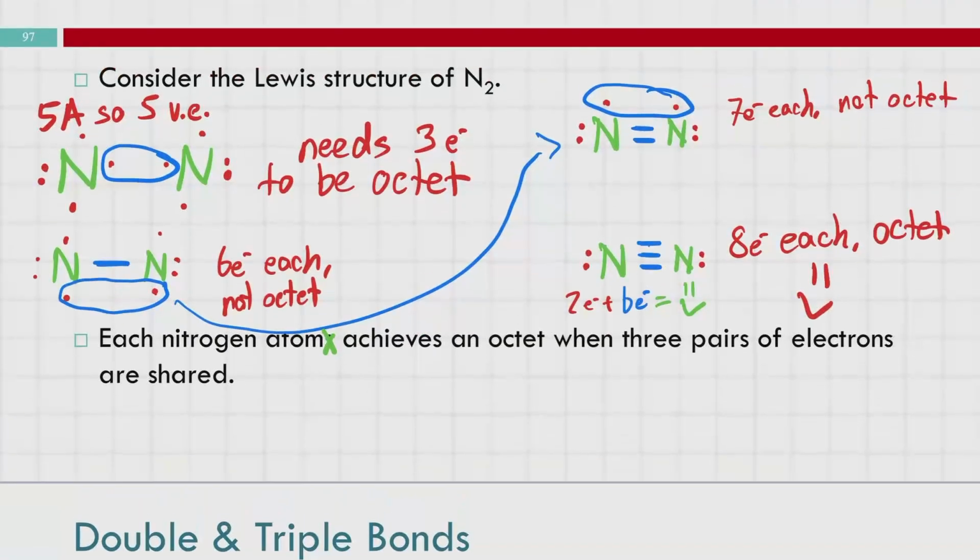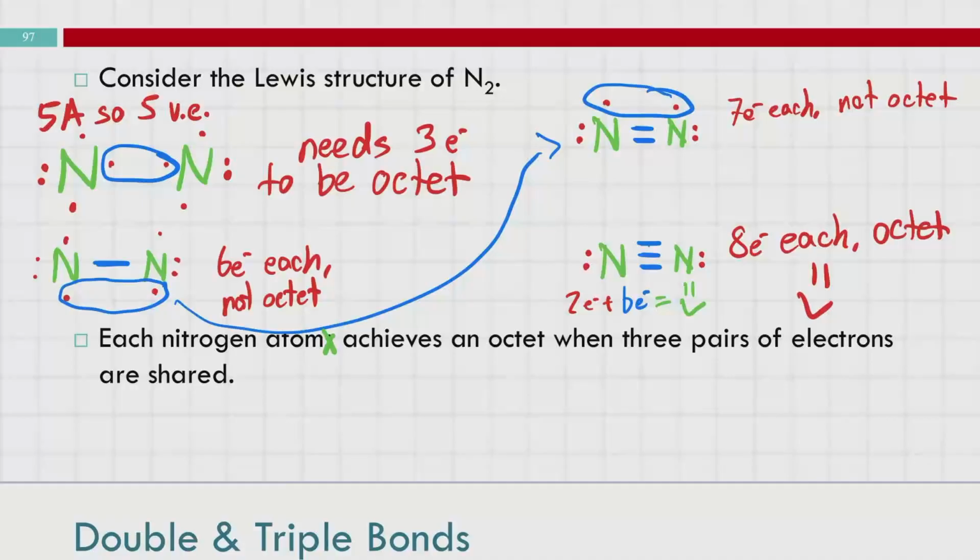We also know that we can figure out the number of electrons that we put around our initial thing based on the column that it's in. For example, nitrogen being in 5A means that it's going to have 5 valence electrons. Remember that this numbering system is just for our main group, so we skip over our entire transition metals. You can also just take the 1 off the front when you're in the P block, the boron, carbon, nitrogen, oxygen, fluorine, helium, those groups.